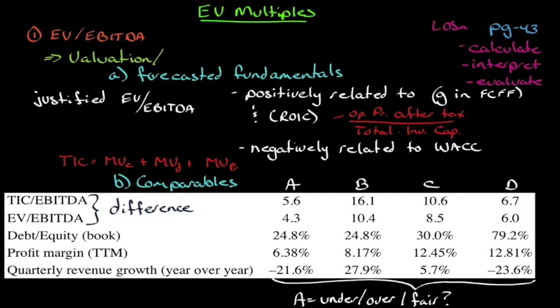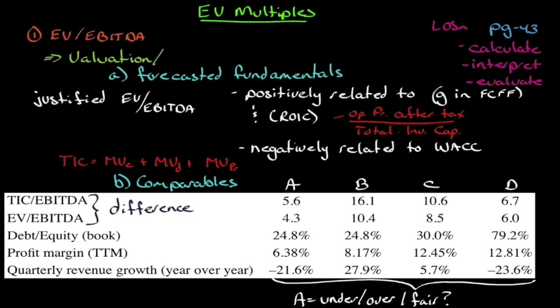Could you say that the company with an EV to EBITDA ratio of 1 is undervalued compared to everyone else? No, you can't, because it might be justified. Once we look at what determines EBITDA, or the components of it, we might say, yeah, it's got an EV to EBITDA of 1, but that's perfectly justified given its fundamentals.